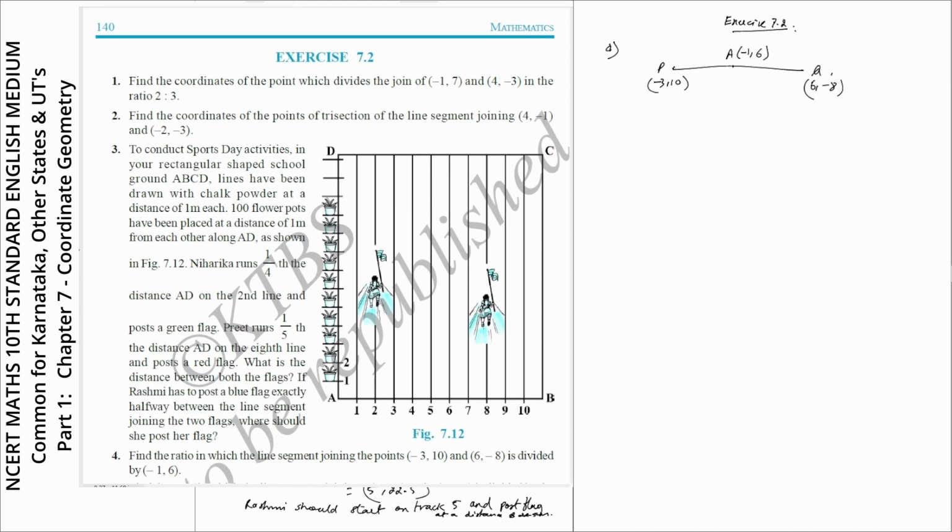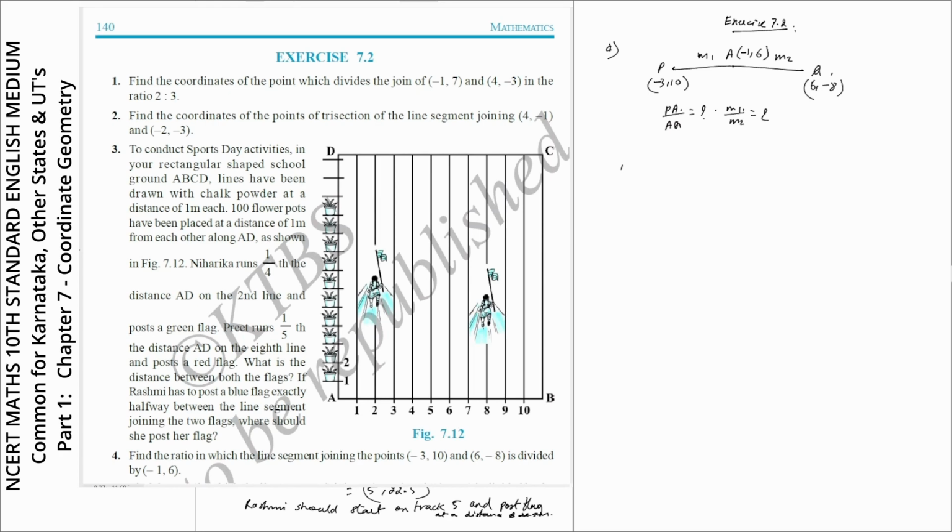So what is the ratio in which the line segment joining the points is divided? That means I should find the ratio, that is PA by AQ. I should find what is the ratio, or simply what is M1 is to M2. This is M1, this is M2. So what is the section formula?